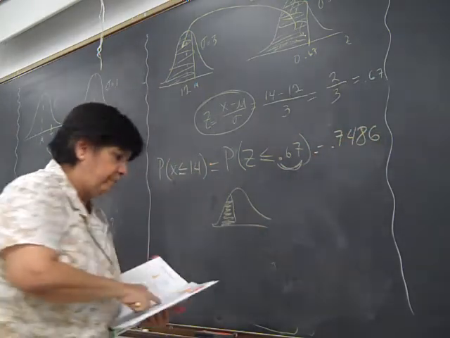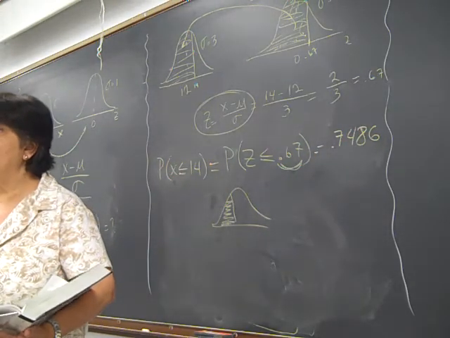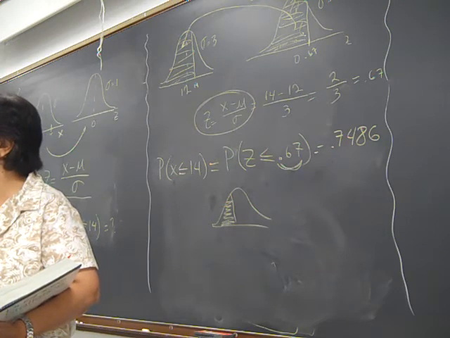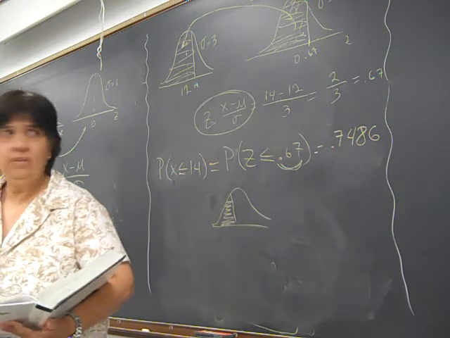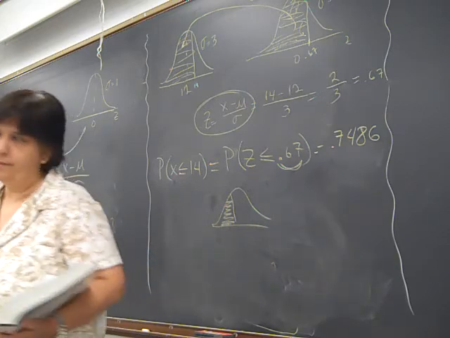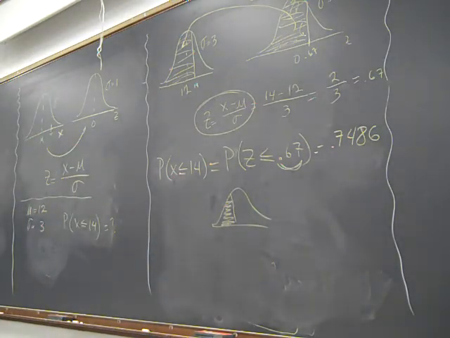Did you see it in your book? The 0.67 is 0.7486 because it's 0.6 and below the 0.07, because this is the second decimal position.